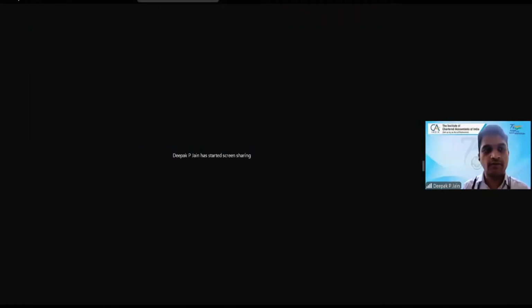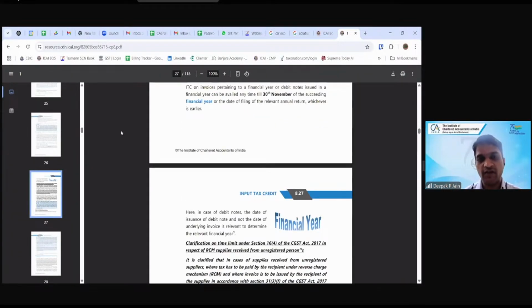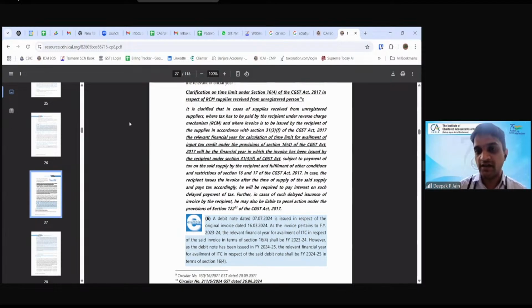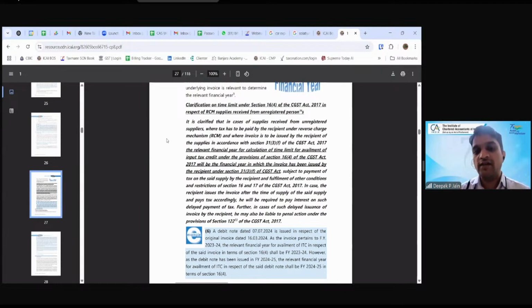Here it is. Okay. So this clarification, right? 8.27 wala. Clarification on time limit under section 16.4 of the CGST Act in respect of RCM supply received from unregistered persons, right? It is clarified that in cases of supply received from unregistered suppliers, where tax has to be paid by the recipient under reverse charge mechanism, and where invoice is to be issued by the recipient of the supplies in accordance with section 31(3)(f), right?